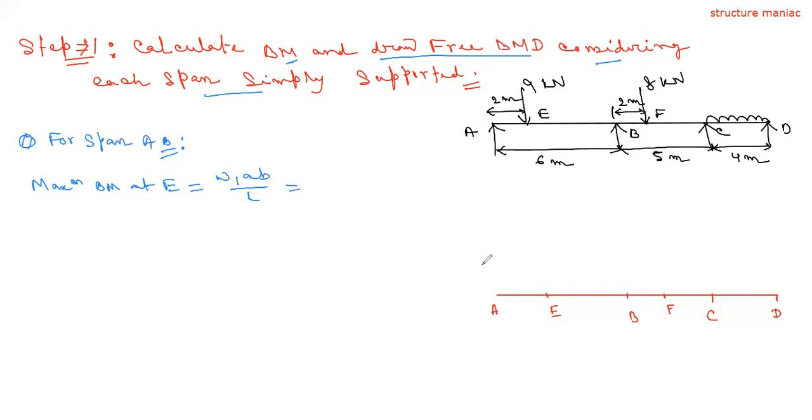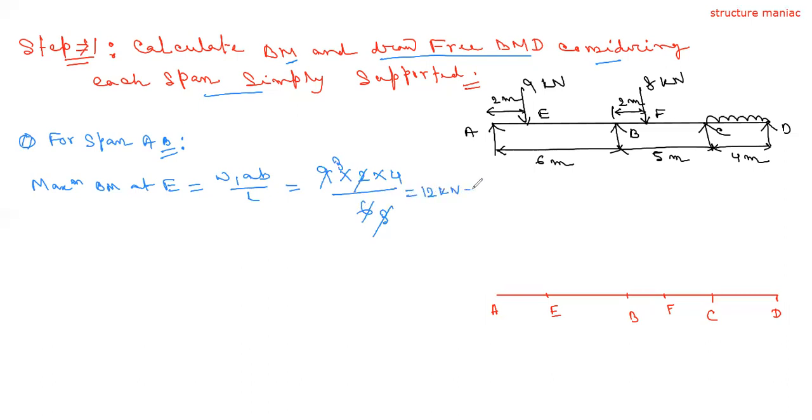Here the value of W1 is 9 kilonewton, A is 2 meter, and B is 6 minus 2, that is 4, divided by 6. So we have 12 kilonewton.